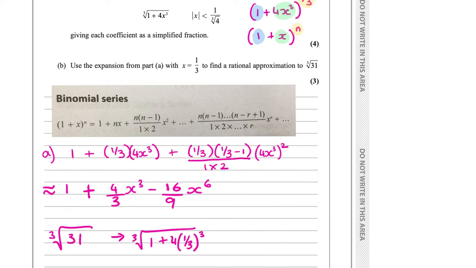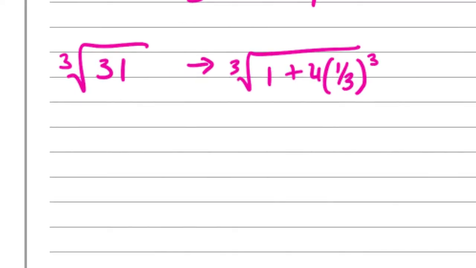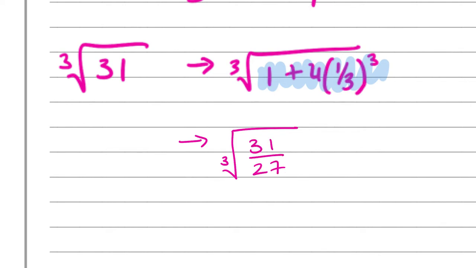That's my first step. We're going to find out what this is going to give me. Okay, so just what I've put into my calculator is just the inside bit, okay? So technically, we're going to have the cubed root. If I substitute in a third, I get 31 over 27.